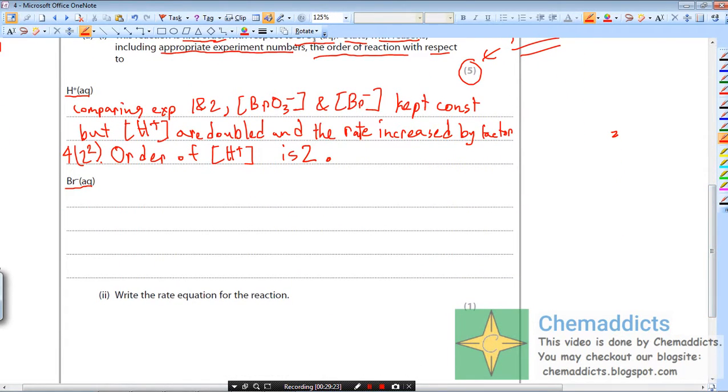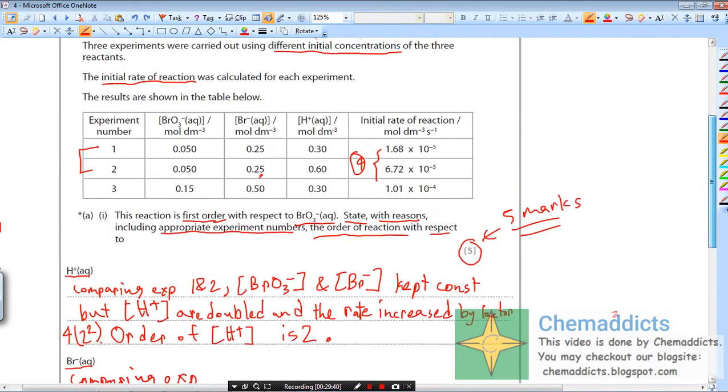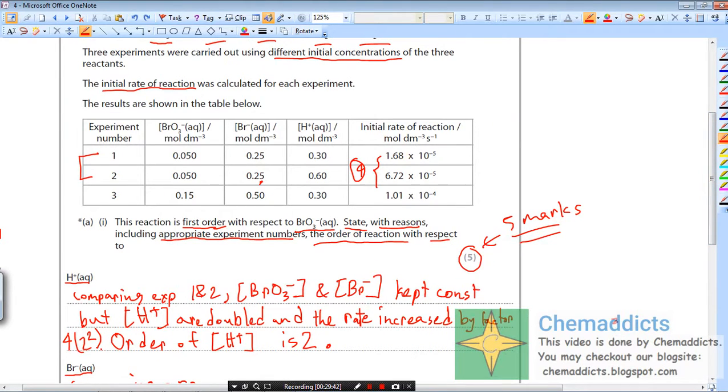Now let us move on to the next thing, bromide. Let us write comparing experiment 1 and 3. Here let me use another pen.